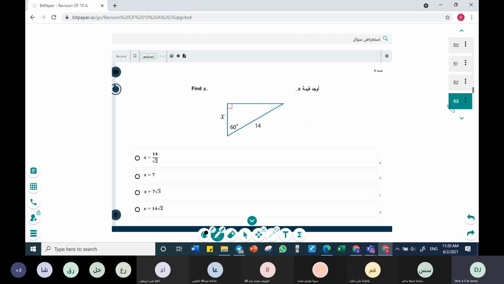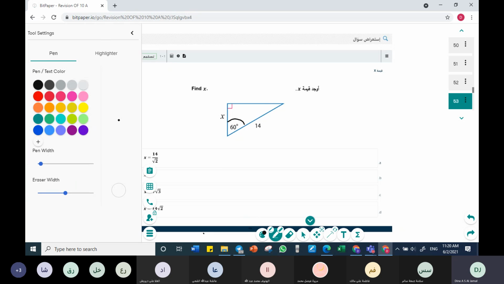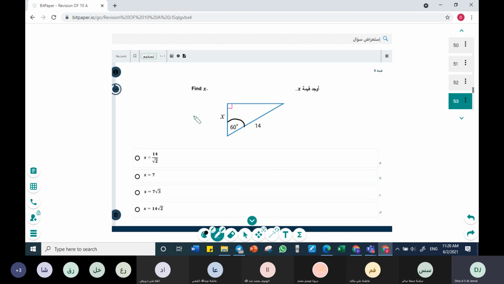So let's have a look here. Very easy question, ladies. Find the value of x. Each time he is giving you this question, have a look at the given angle and think what are the relationships between this angle and the given sides.